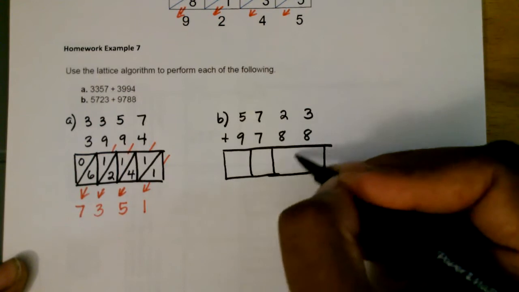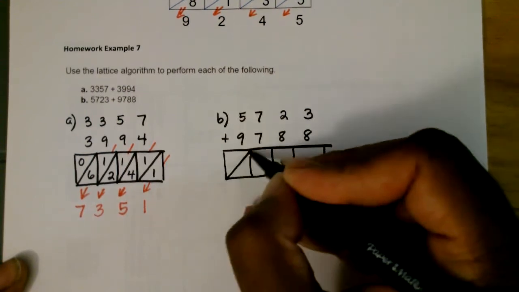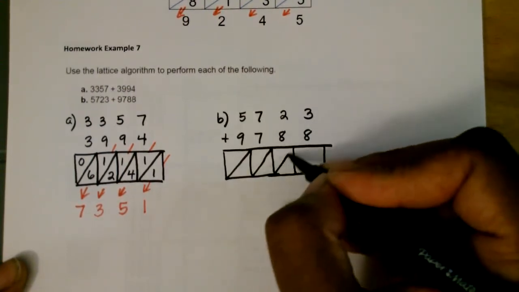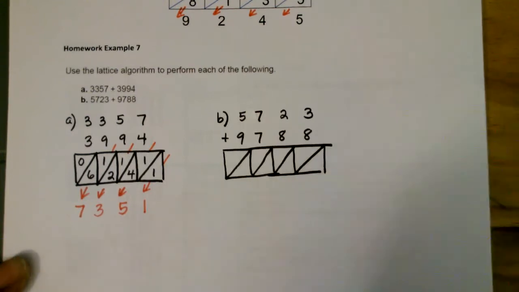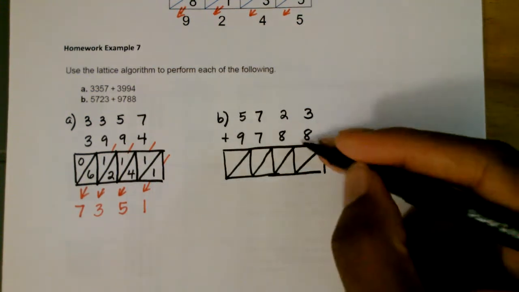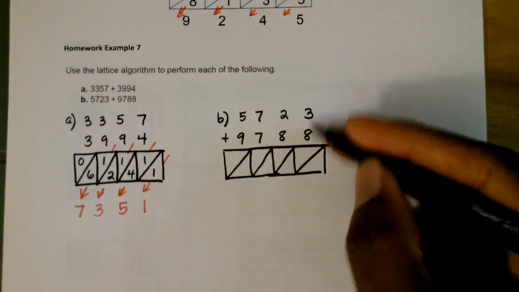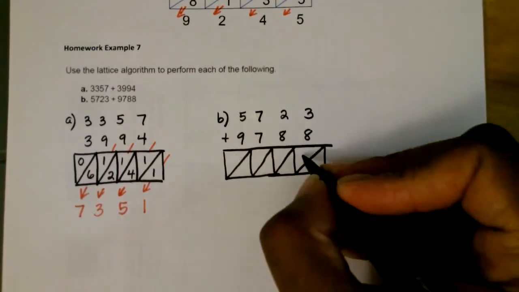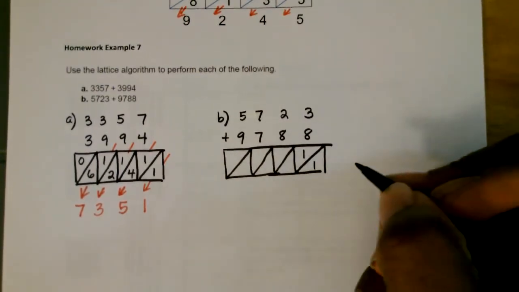So I need 4 boxes. Each box will have a diagonal going across like this. That's how we set this up. And then we add column by column by place value. 3 plus 8 will be 11. So 1 goes here and the 1 goes here.